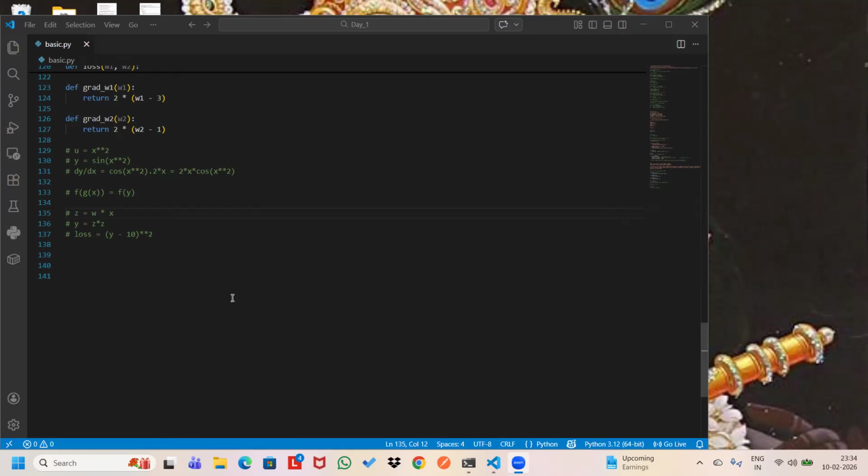Then what will happen? The chain rule will work there. The chain rule will send the error backward. I mean, it will go back. First this function will work, then again this one, like backpropagation. You are going back to the point: from here you will start, then go here, and finally come to this point.